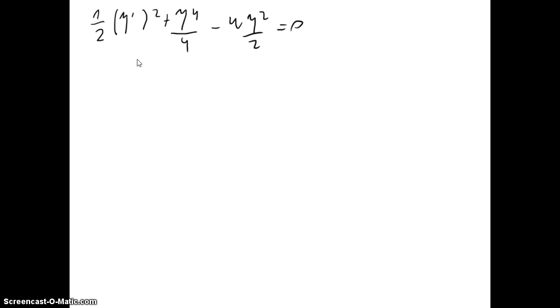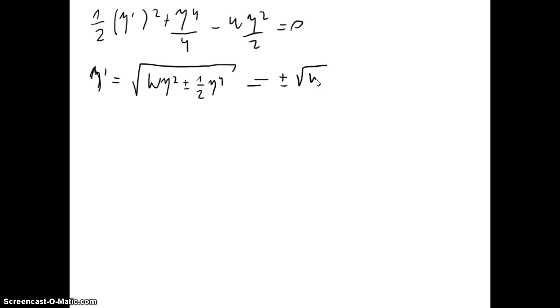So knowing that, we can go back to the equation and solve for η'. η' will be equal to plus or minus the square root of ω η² minus 1/2 η⁴, and that is equal to plus or minus the square root of ω times η times the square root of 1 minus 1/2 η².